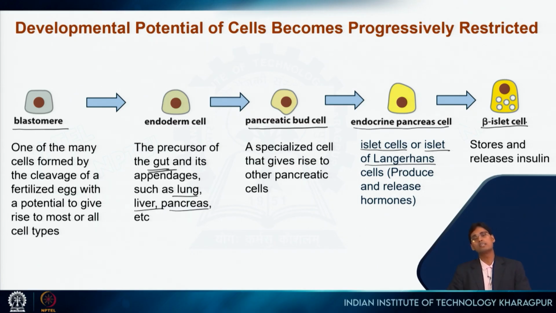As you know, beta cells in the islets of Langerhans produce insulin for us, right? They are not even able to produce glucagon, the other hormone. So they are very much specialized and they are forming and storing insulin for us. So this way, progressively, stem cells can be converted into more and more specialized cells with specific function, as we explained in case of pancreatic beta cells which produce insulin for us.